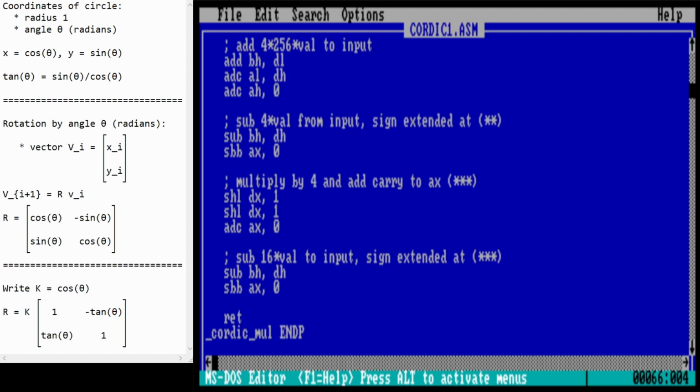And it turns out that the actual Cordic routine, which is below, doesn't actually need the CX or DX registers after we call Cordic mul. So that worked out really nicely. It means that this will be very, very efficient to call. So that's the complete implementation of the Cordic multiplication, which, as I mentioned before, gets called twice by the Cordic algorithm.